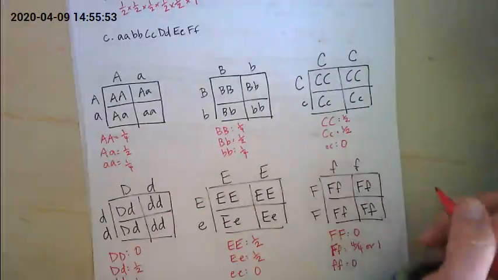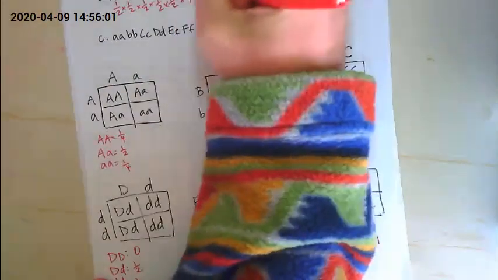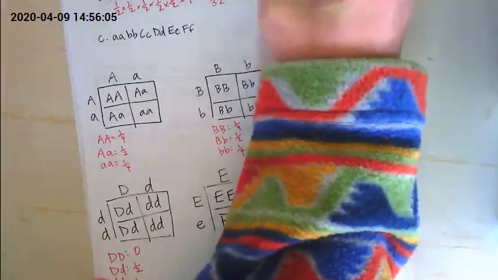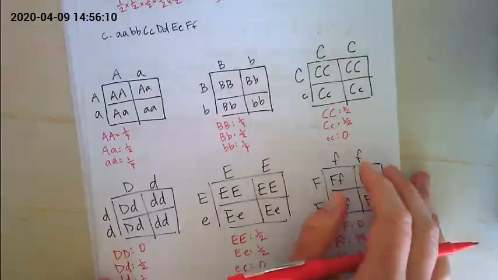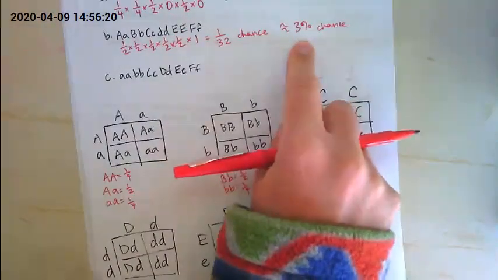All right, so do the math. So we got 5 halves, so that would be a 1 in 32 chance, which is around 3%, if you like percentages more. Okay, so they could have this child, and that's the odds of them having a child with this genotype, 3%.